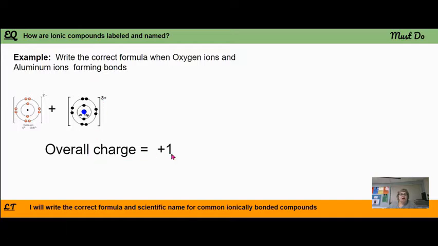So my overall charge is +1. So I don't have a compound yet. What if I add another oxygen ion? So if I add another oxygen ion, I now have -2 +3 -2. So now my overall charge is -1. It's still not 0 yet, so I still don't have a compound.